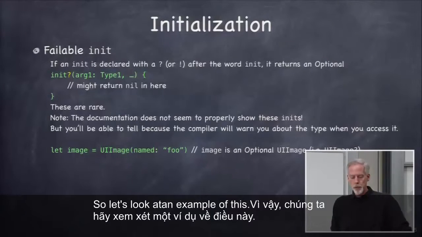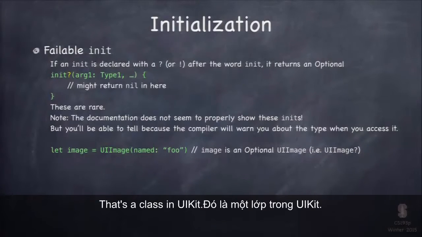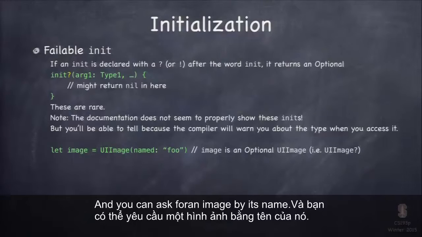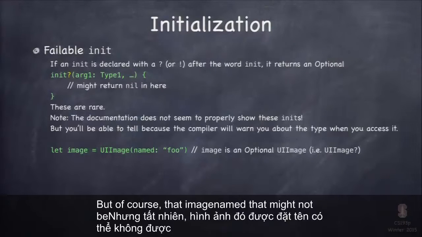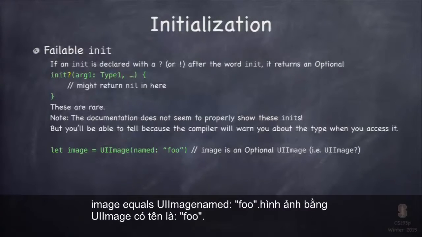So let's look at an example of this. So UIImage, okay, it's a class in UIKit. And it returns an image. And you can ask for an image by its name. But of course, that image named that might not be anywhere in your project. So this thing can return nil. So in this case right here, image equals UIImage named foo.